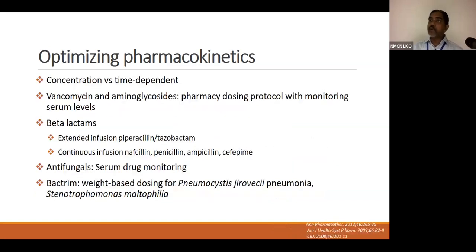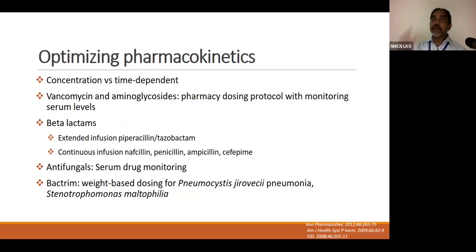So while selecting your antibiotics, such as carbapenems or penicillins or cephalosporins, continuous infusion or prolonged infusion to keep the concentration above the minimum inhibitory concentration for the maximum period of time is actually warranted.